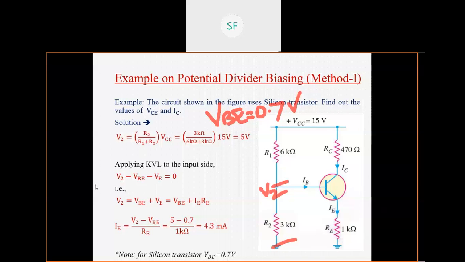Okay. Now again the same process you have to apply. But remember, suppose the problem comes in your exam on potential divider biasing, then you should understand that the marks will be on the application of KVL also. If you have gone having memorized the formula and applied it directly, then it is not actually required, it is not expected.